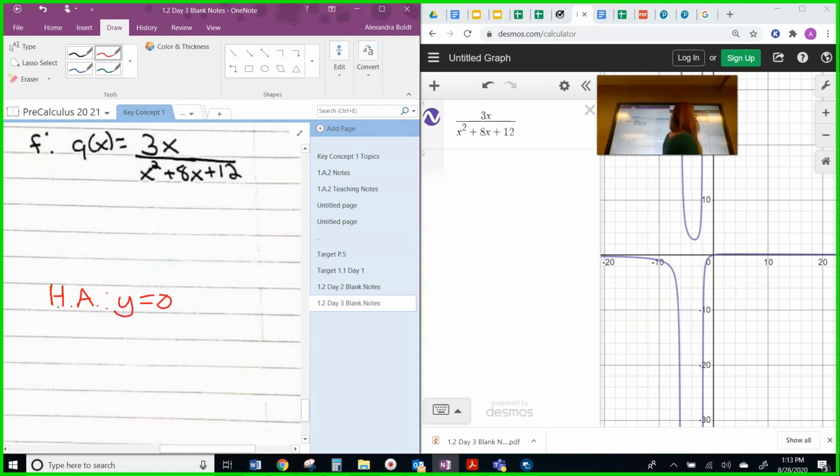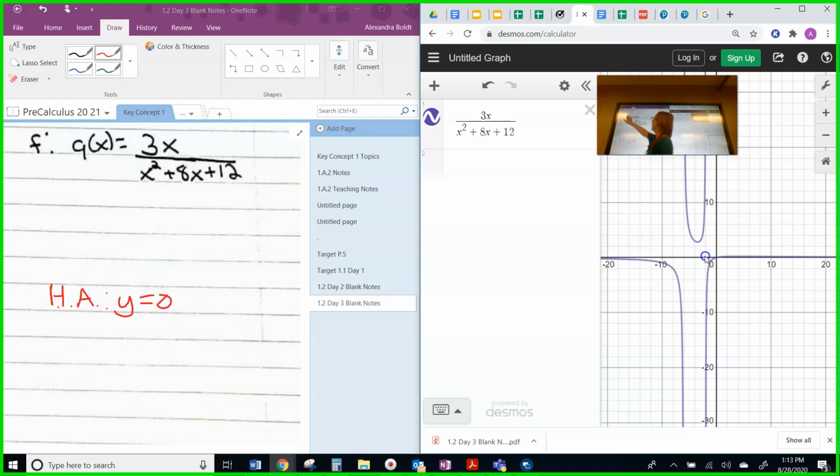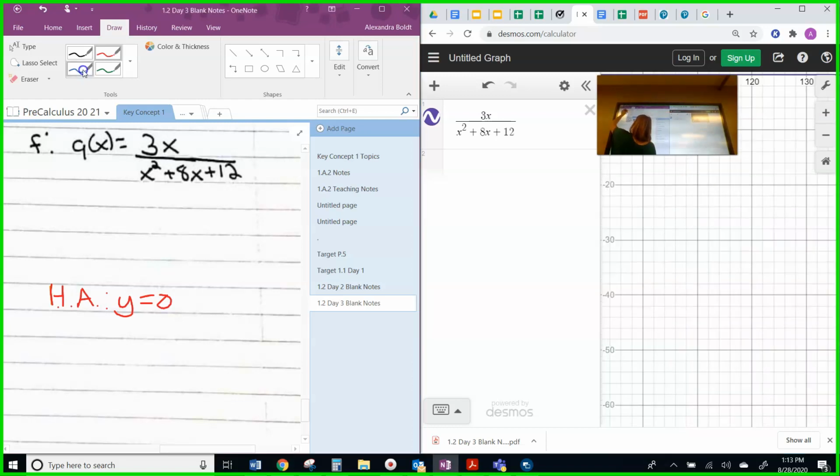Looking for our vertical asymptotes really quick, it looks to be about here, which is -6, and here, which is -2. Again, you can investigate that a little more with your graph as well. Or, if you're getting really good at your factoring, if you just look at your denominator, you can see that, yes, -6 and -2 makes sense for what those are going to be.